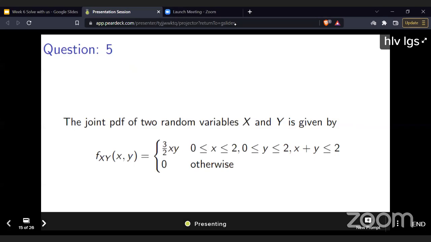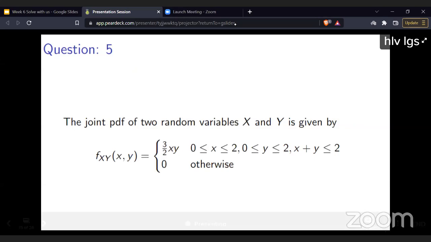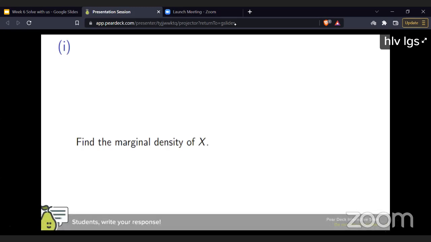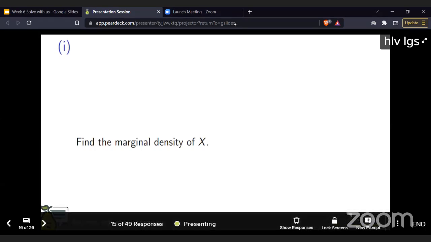Okay, so the joint PDF is given to you and it is defined as 3/2 xy for x lying between 0 to 2, y lying between 0 to 2 and x plus y less than or equal to 2. To find the marginal density of x, we integrate our joint distribution function with respect to the random variable y, and we fix the limit of y.